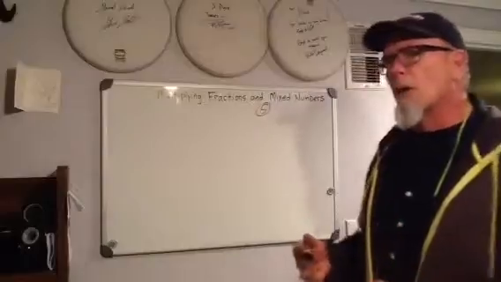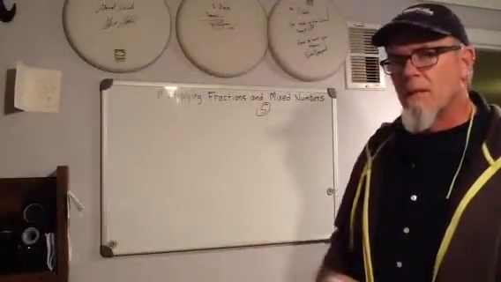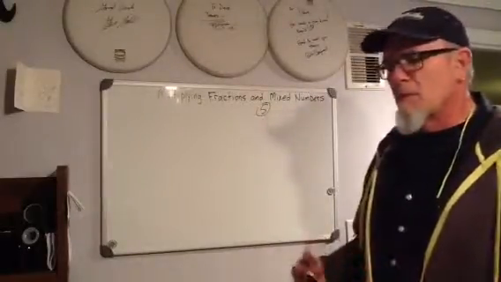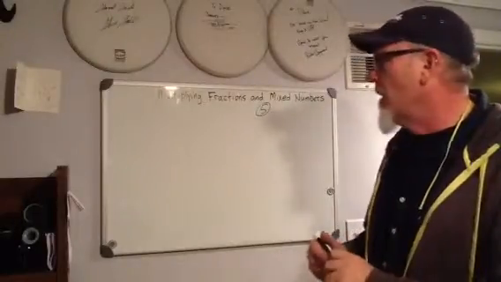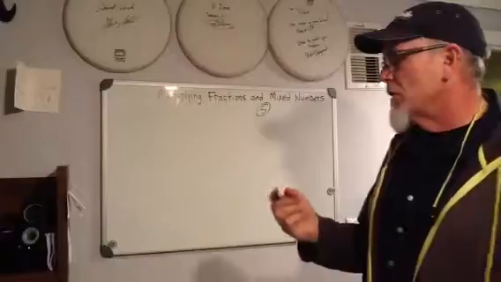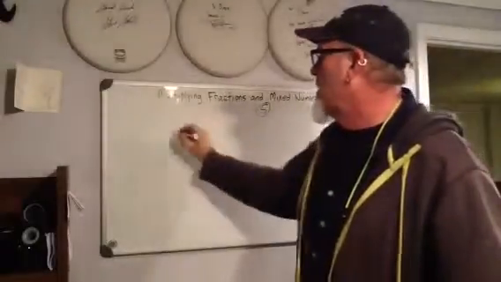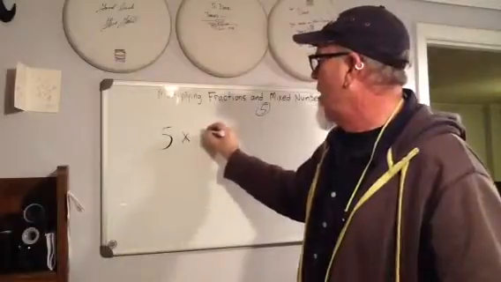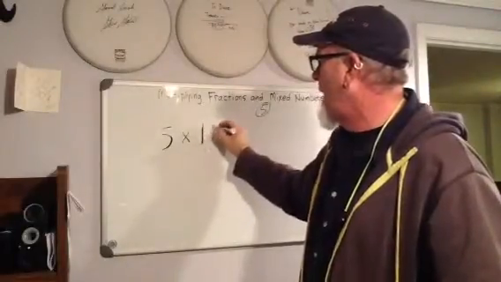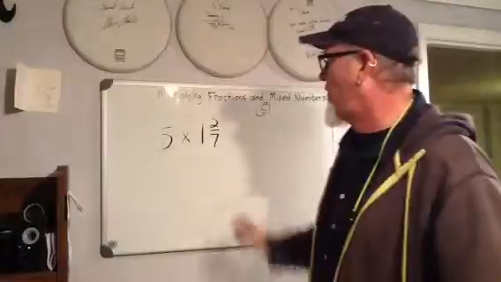Okay, now what do we do if we want to multiply a whole number by a mixed number? And remember that a mixed number is just a whole number and a fraction together as one number. Well, there's a couple of different ways you can look at it. The easy way would be to say you've got 5 times 1 2/7.